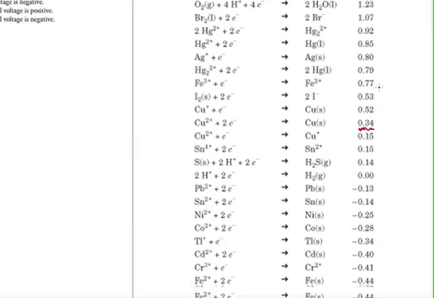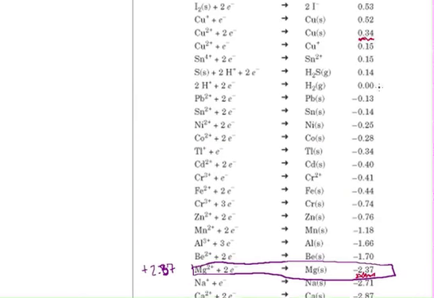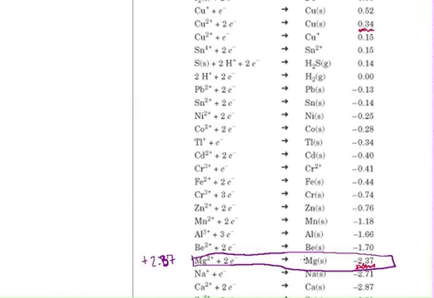So a negative number means that it wouldn't happen spontaneously. So in other words, magnesium does not reduce spontaneously without some encouragement.